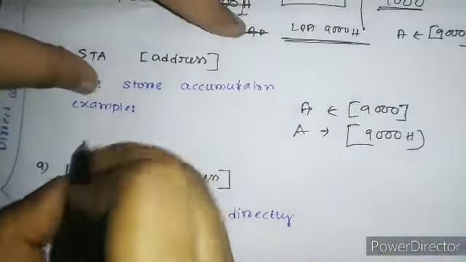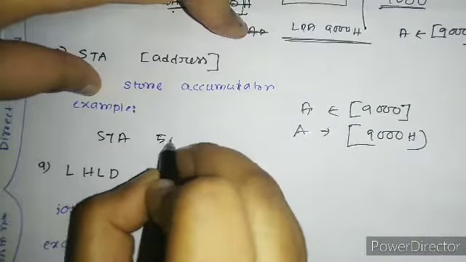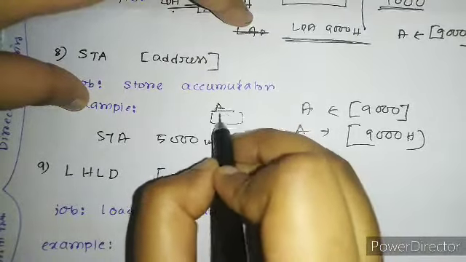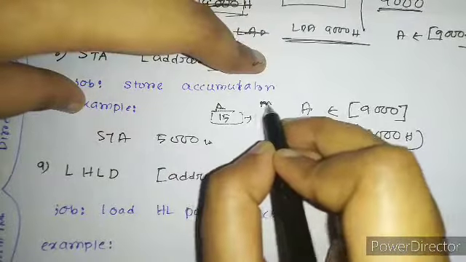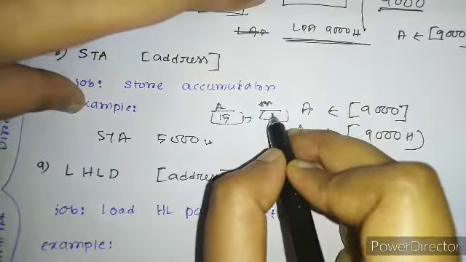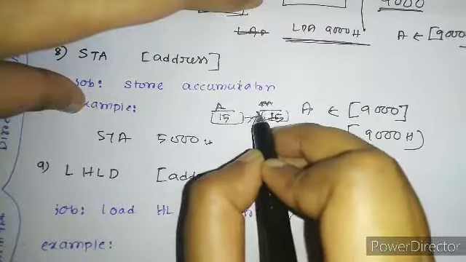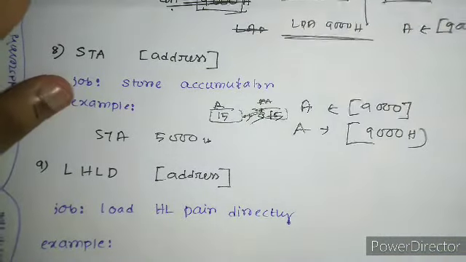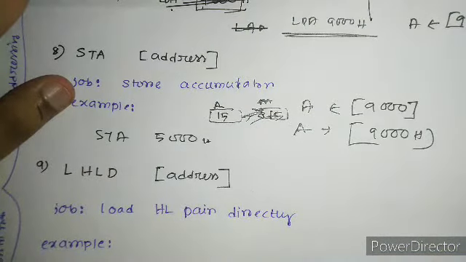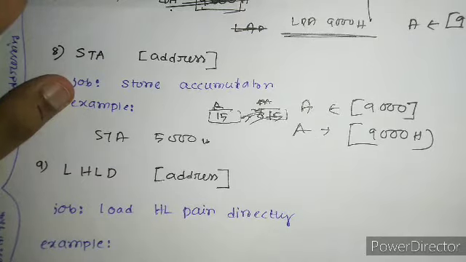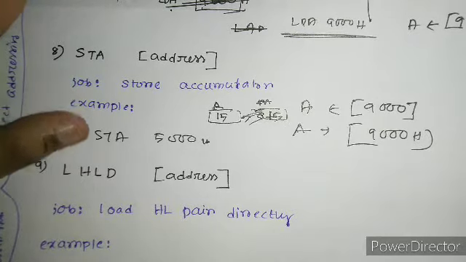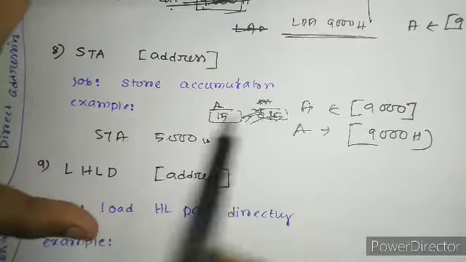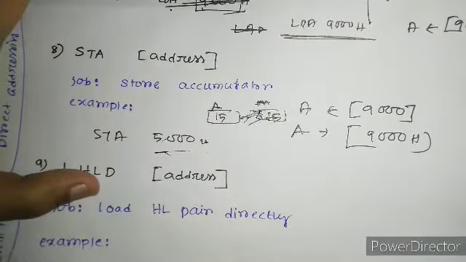For example, STA 5000 means whatever is in A will get stored at the memory location 5000, because obviously you know that one memory location can hold only 1 byte at a moment. Our accumulator stores only 1 byte, which is 8 bits. So the data in the accumulator will get stored in memory location 5000H. Clear?